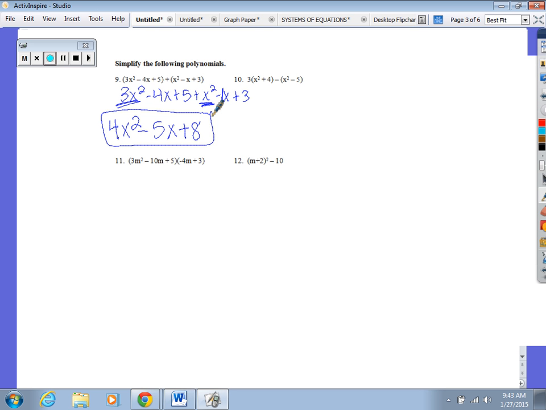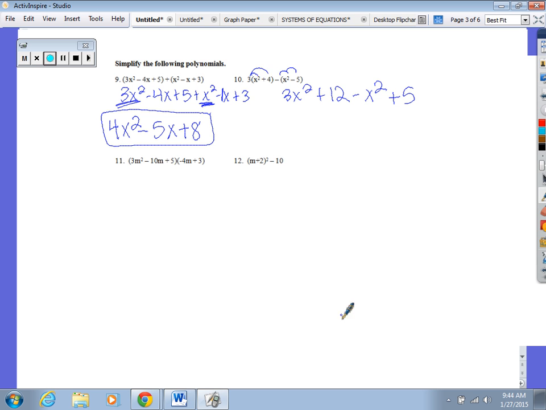What would we do for number 10? Very good. We're going to change the signs after the minus. What do we do with this 3? You distribute it. So you would have 3x squared plus 12 minus x squared plus 5. Do y'all see that?